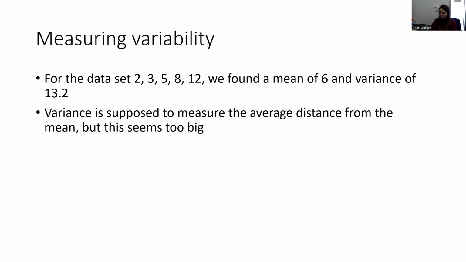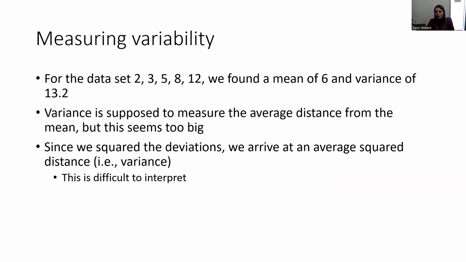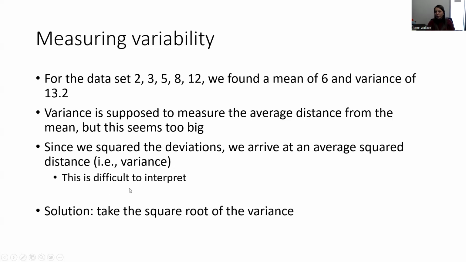Variance is supposed to measure the average distance from the mean, but that does seem too big, right? Doesn't 13.2 seem like a pretty big difference from the mean of 6? That's over double. But since we squared the deviations, our average is squared, so our variance is difficult to interpret. What do we do with that?